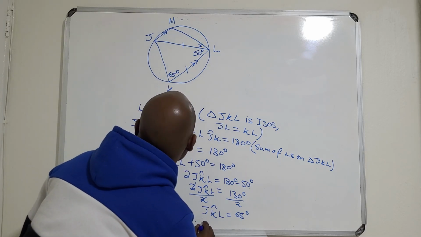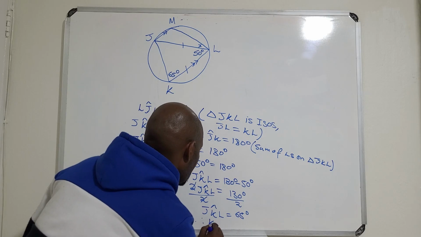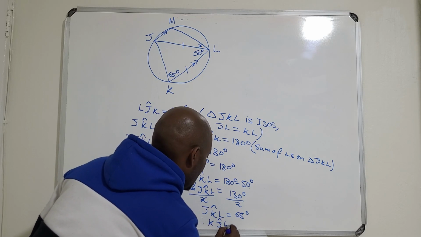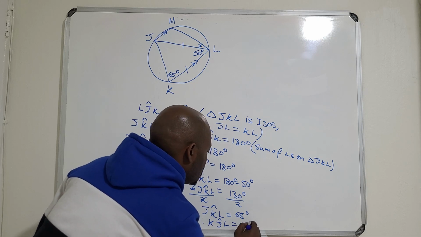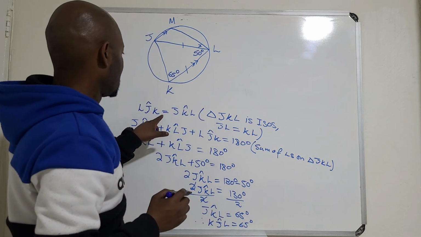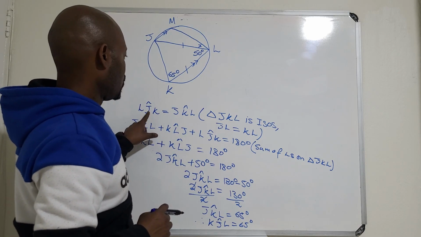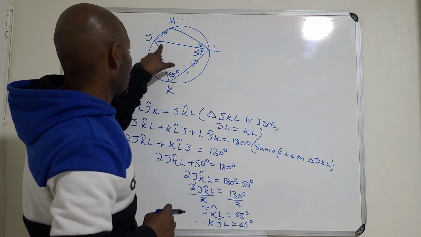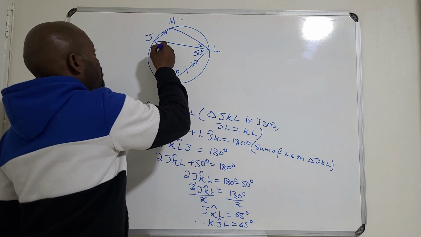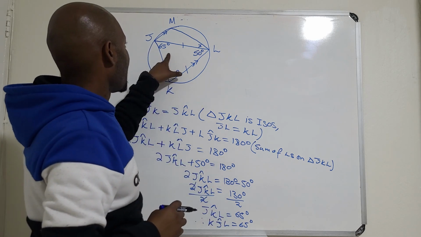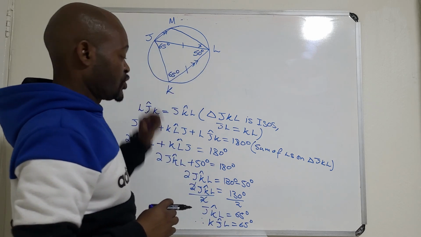Therefore, we know that angle KJL is also 65 degrees, since that's what we said, this angle is equal to this angle is equal to that angle. It means that we have 65 degrees there also, since this is an isosceles triangle.